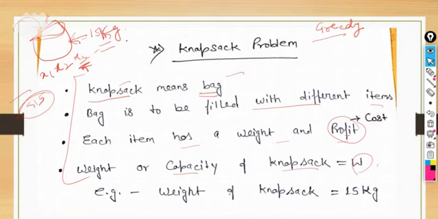I am saying that no, we can consider the item with less weight, because with small weights we can put more items into the bag. So that could also be right. But what the right logic actually is, we will decide.